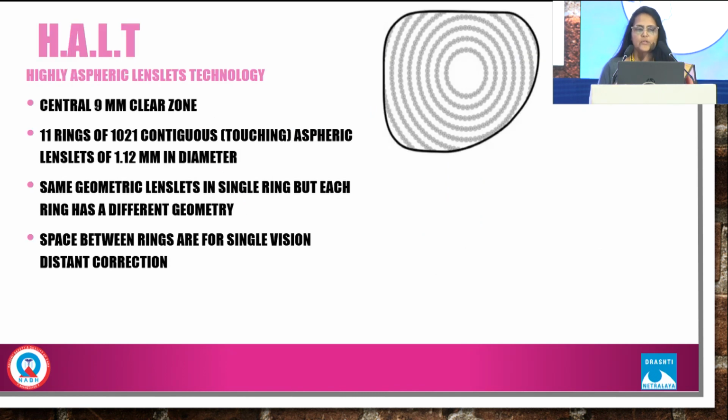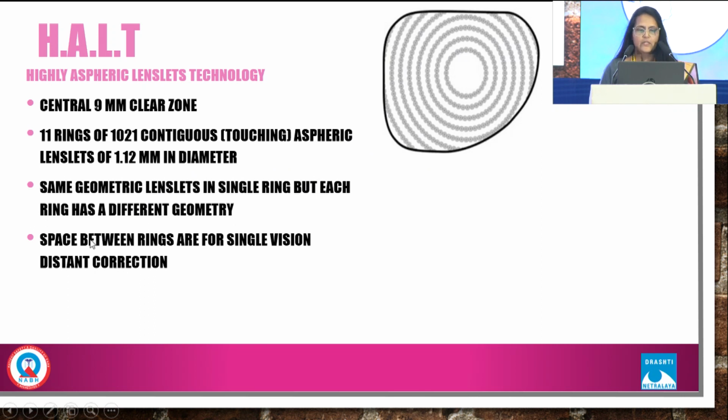So let's look into HALT technology. Again, there is a central 9 millimeter clear zone, with 11 rings of 1021 contiguous, touching aspheric lenslets, each 1.12 millimeter in diameter. The same geometry of lenslet is used in the same ring, but each ring has a different geometry.